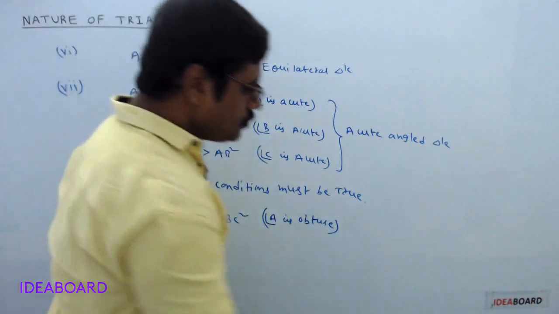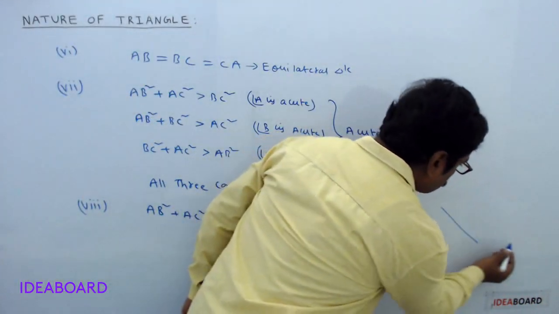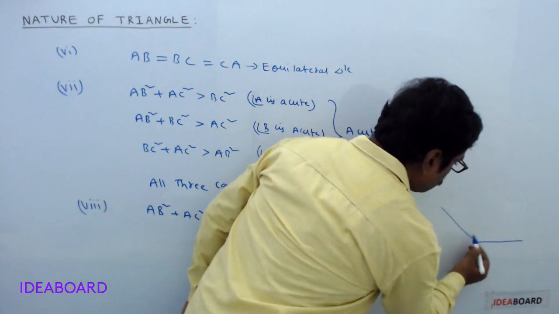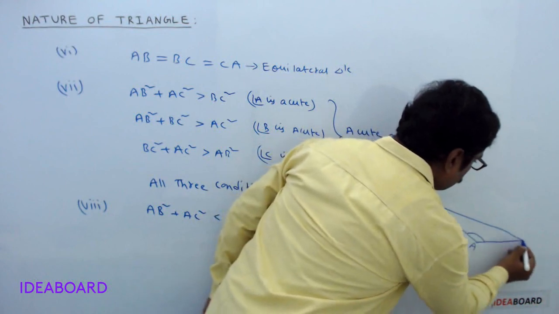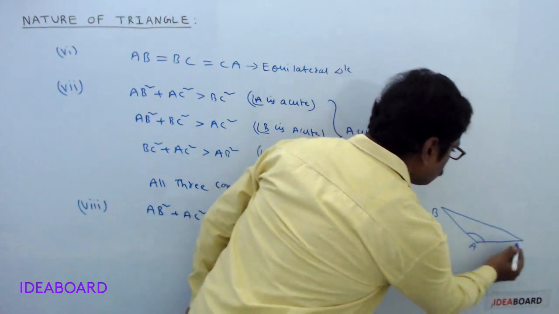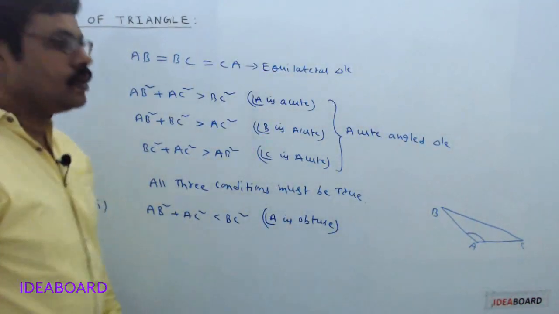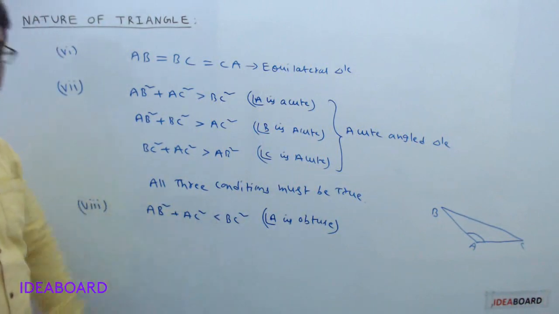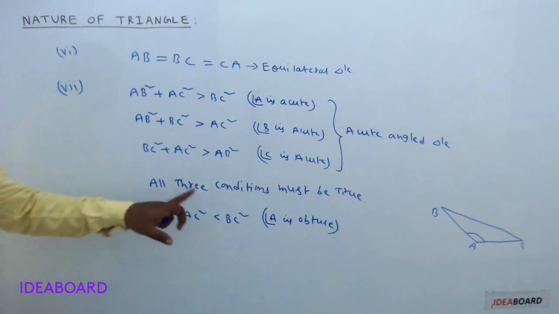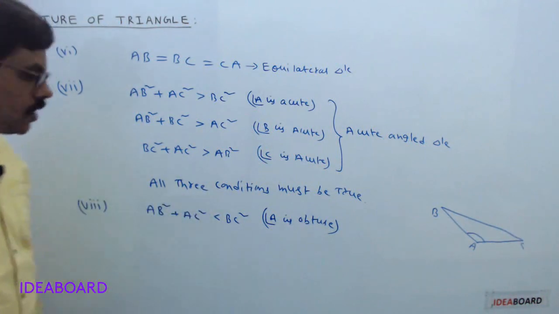Obtuse angle means it is more than 90 degrees, like this. So here AB square plus AC square is less than BC square. In this case, angle A is an obtuse angle.